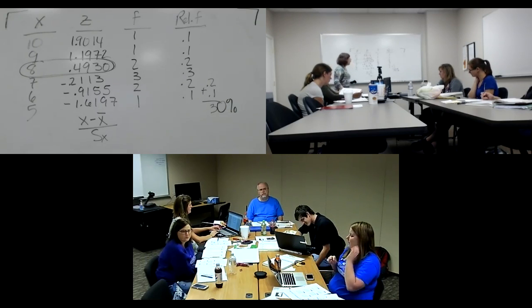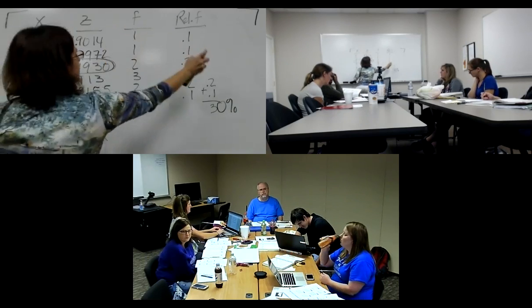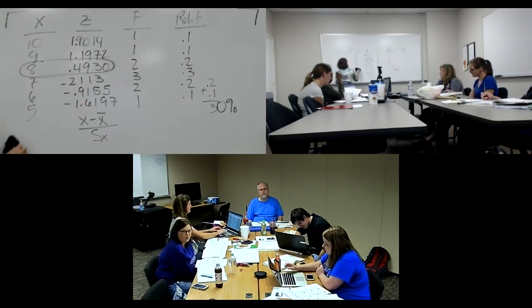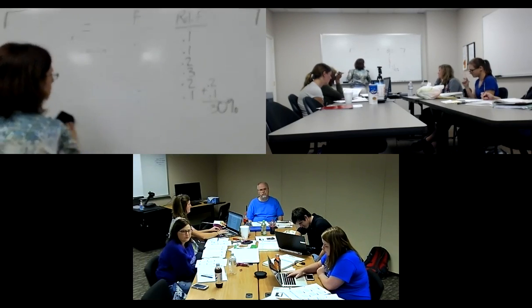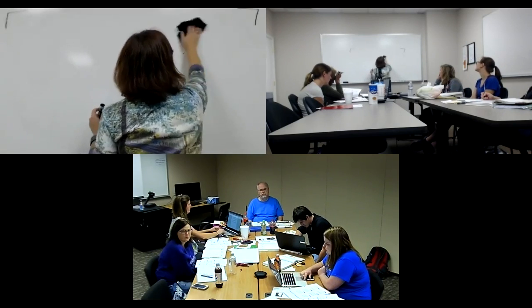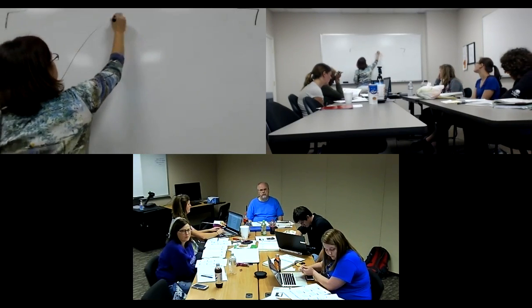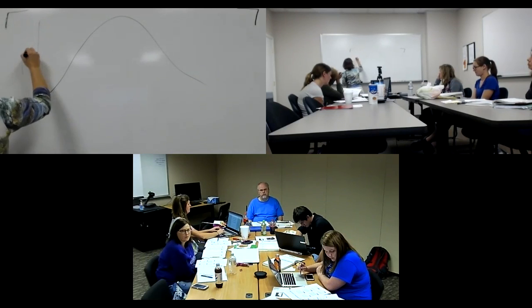That means now that we've got an entire distribution made up of means. So here is going to be the frequency. Here are going to be all of our means.